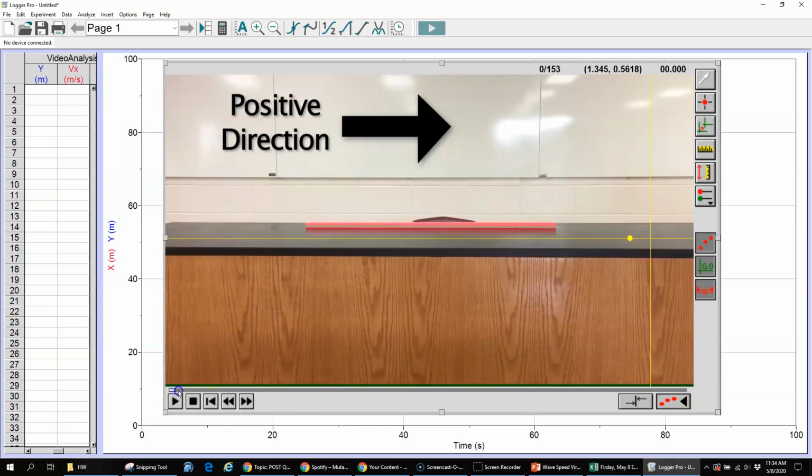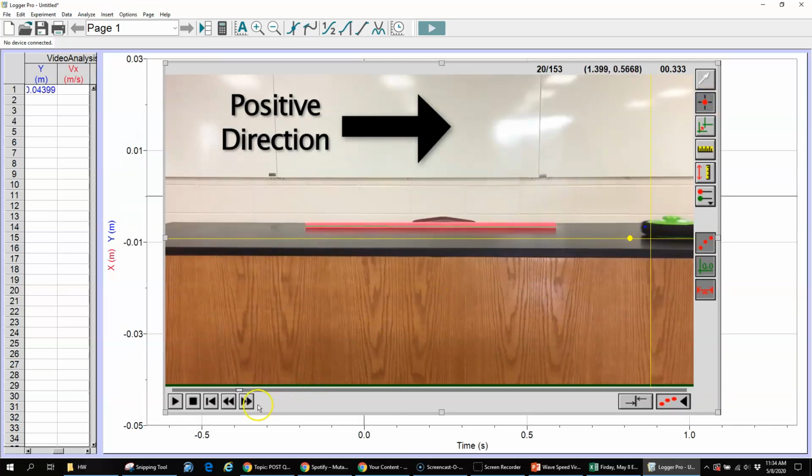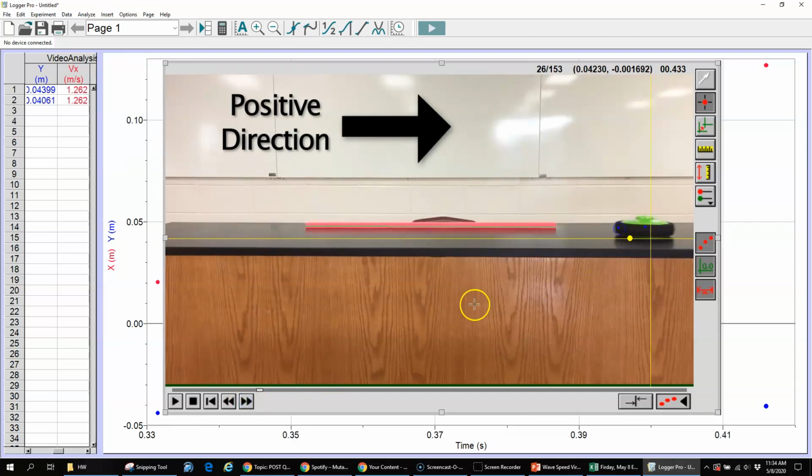Now what we'll do is move this along. We'll wait for Mr. Hoverpuck. Excellent. And then we can use this button and click on the front of it. Do we have to do every one? No. You could. Some of you like to do that.